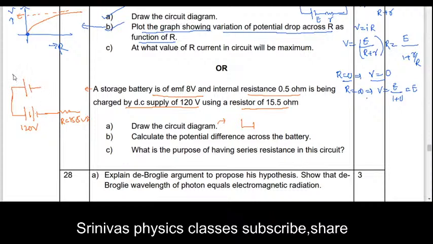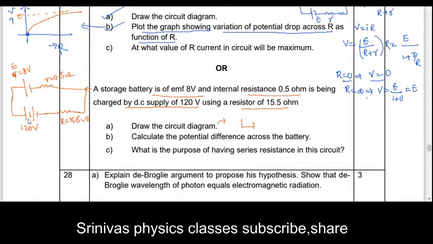The cell's EMF is 8 volts, and its internal resistance is 0.5 ohm. This is the circuit diagram.